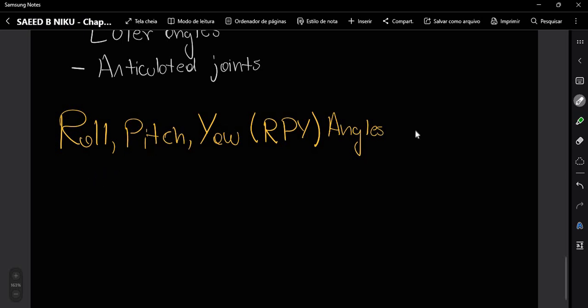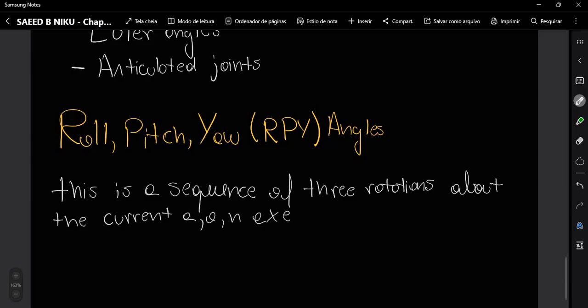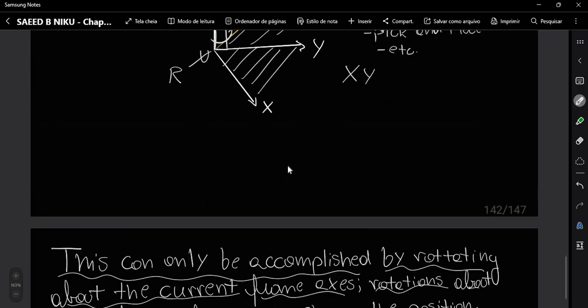So this is a sequence of 3 rotations about the current A, O, and N axes, just like we have done right here.